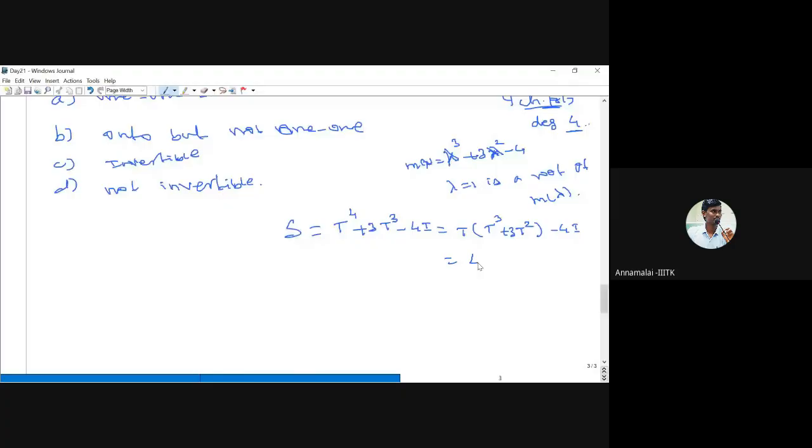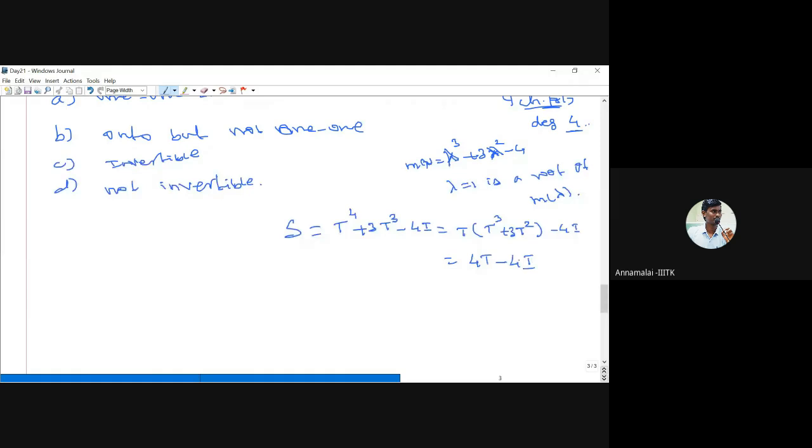That's a given. So T cube plus 3 T square is nothing but 4I. Therefore, if you apply 4 into I, we get 4I, because I is nothing but the identity.